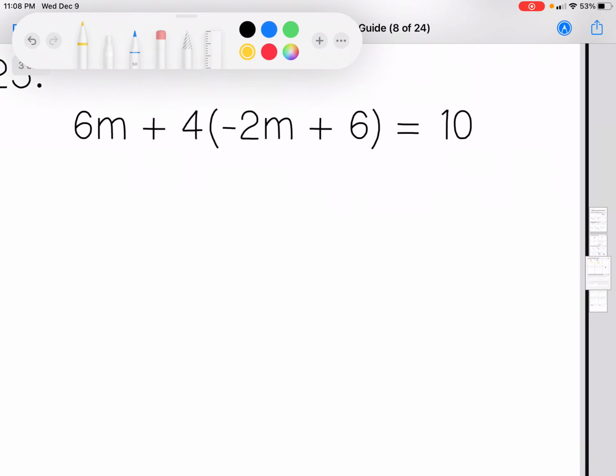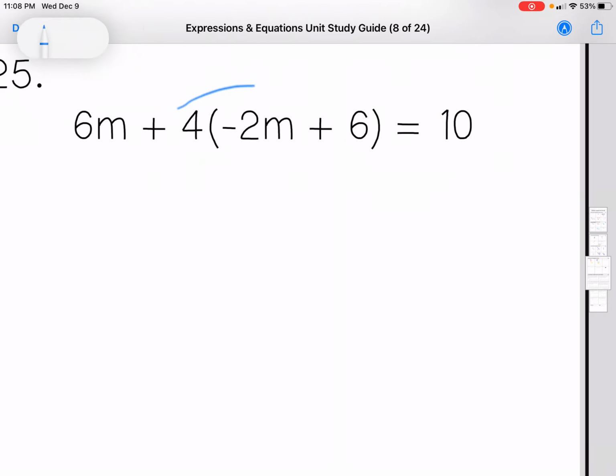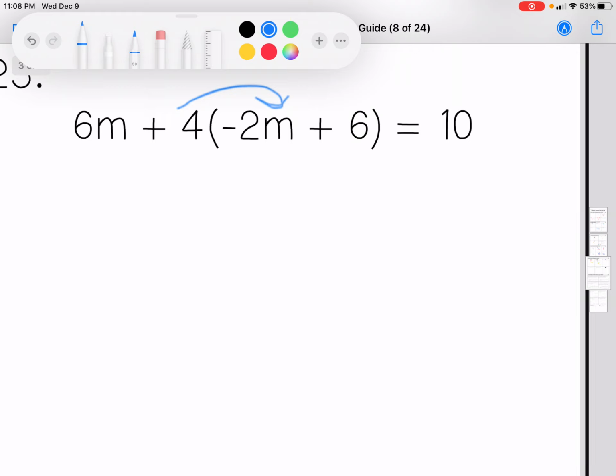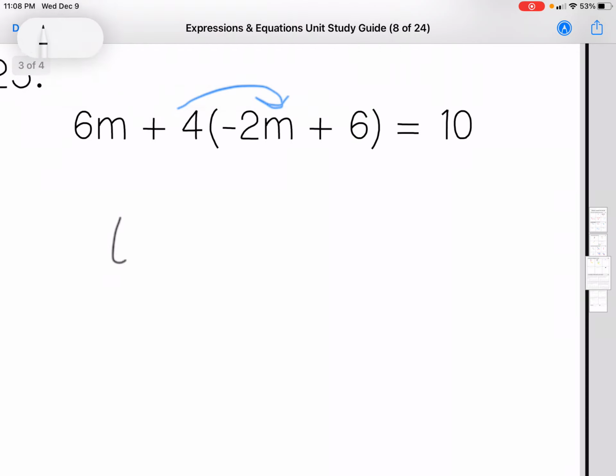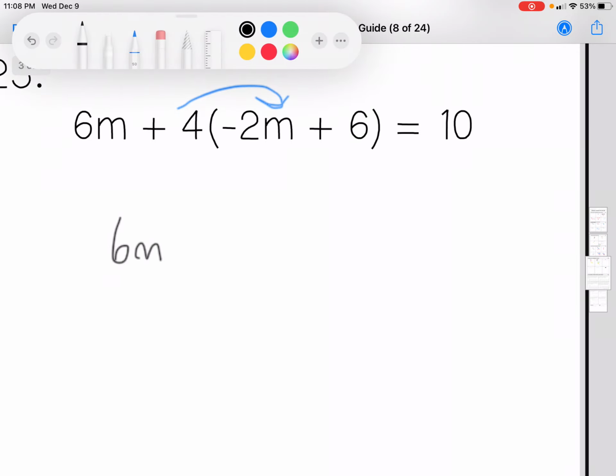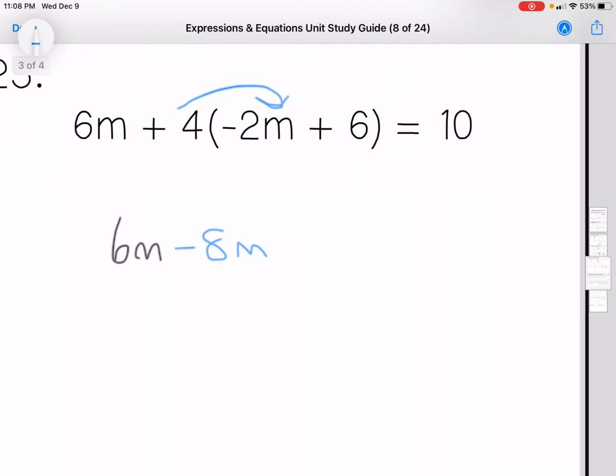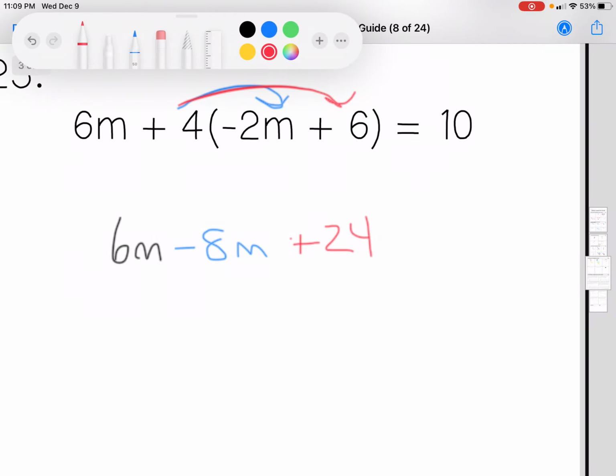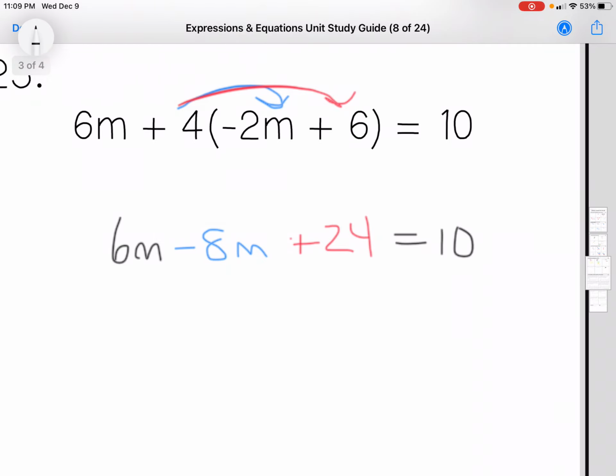All right, distributive property. Bring that 6m down first. Okay, now distributive property in blue. 4 times negative 2m is negative 8m. 4 times 6 is 24. And I didn't touch the 10, so I'm bringing it down.